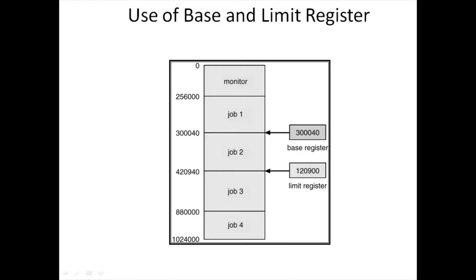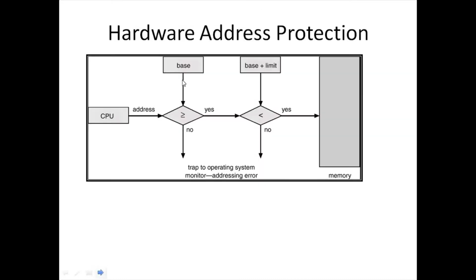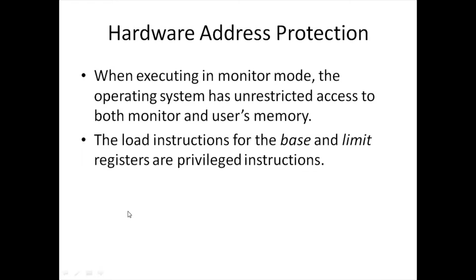So here the hardware address protection happens. The CPU generates an address with the help of the base address and limit address and stores it into memory. When executing in monitor mode, the operating system has unrestricted access to both monitor and user memory. At that time, the load instructions for the base and limit registers are privileged instructions.